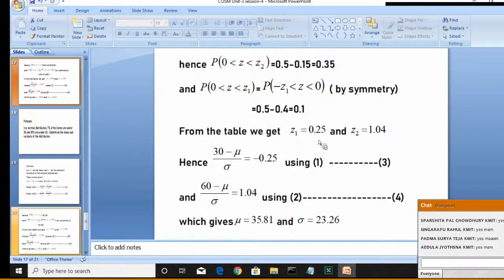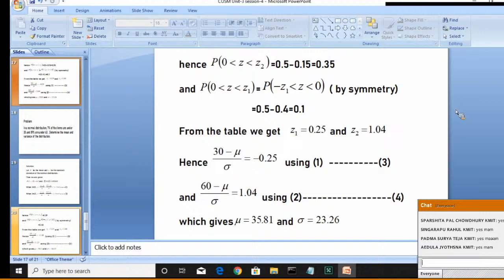Now, 0.25 I got corresponding to Z1, that means 0.1, and 0.35 you find out. Did you get 1.04 corresponding to 0.35? Now you find out the area.